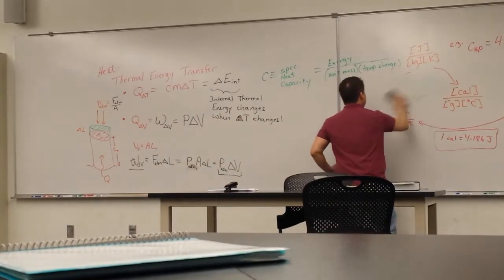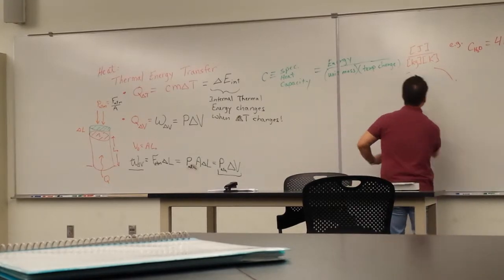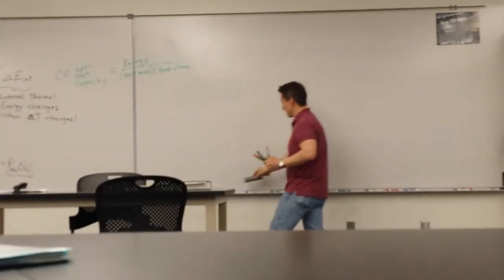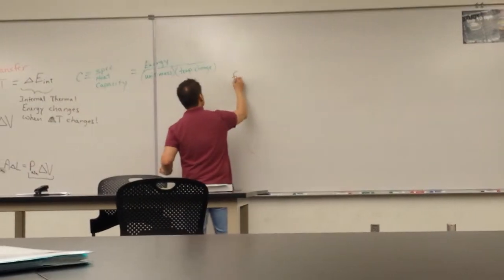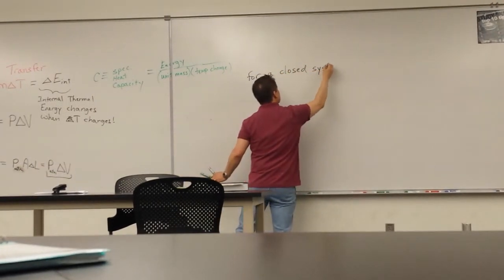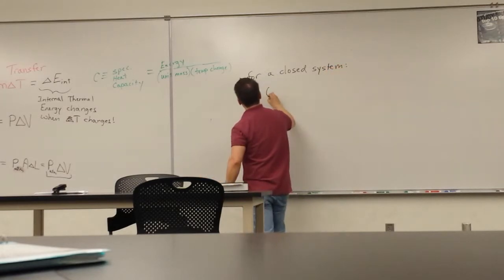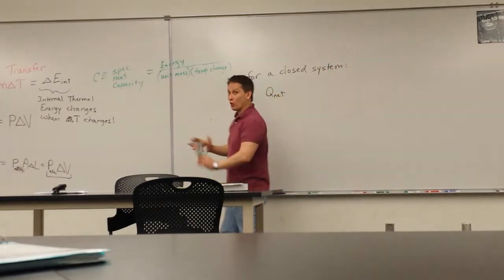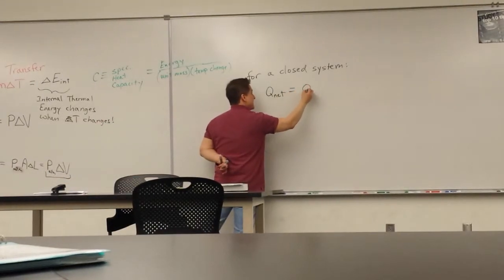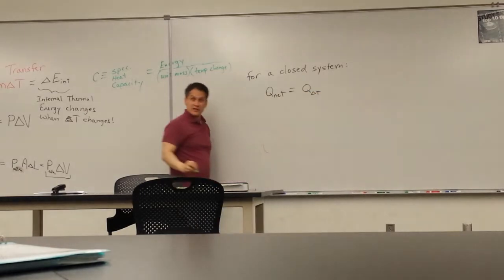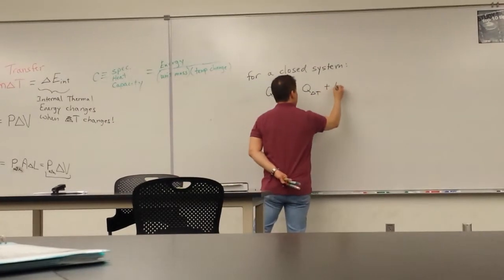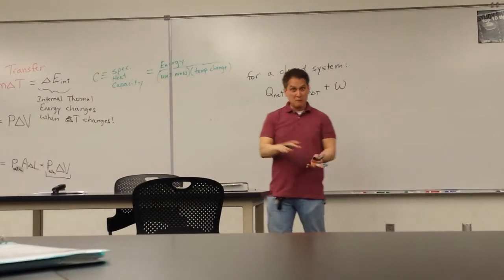So what we're left with then can be summarized in a very simple form. For any closed system, we can say that the net heat gain or loss, we call it Q net for now, will correspond to any heat associated with temperature change, and that's observable, and any heat associated with work or volumetric change.